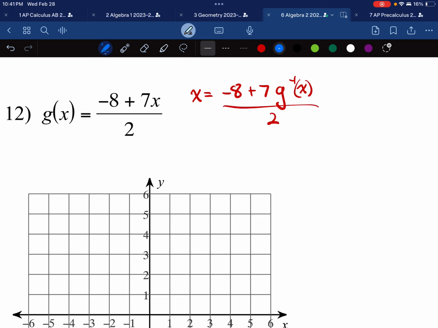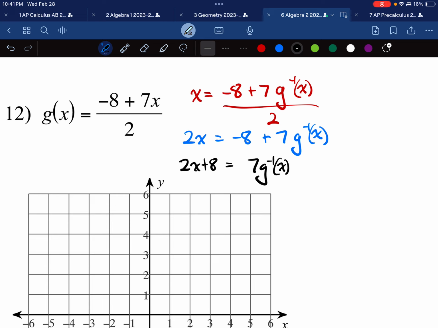Let's multiply both sides by 2 to get 2x is equal to -8 plus 7g inverse of x. And then let's move the 8 to the other side, add an 8, so I get 2x plus 8 equal to 7g inverse of x. And then divide everything by 7. So dividing everything by 7 gives us 2x plus 8 all over 7 equal to g inverse of x.